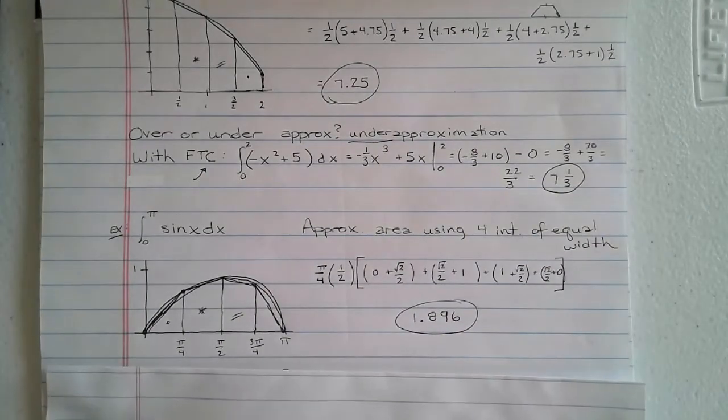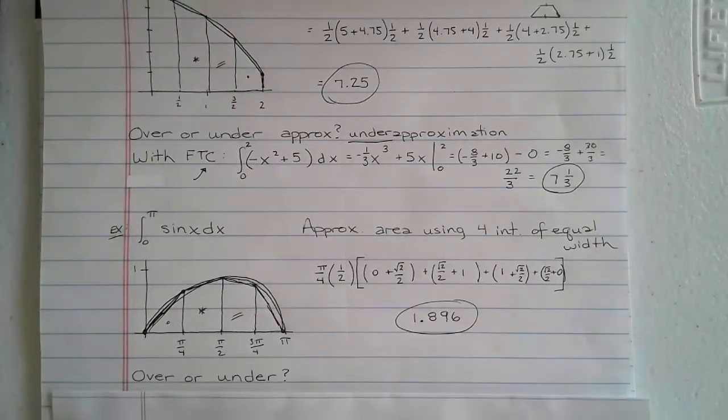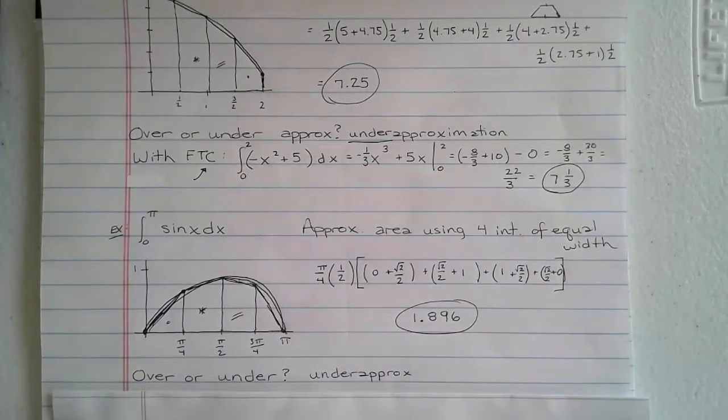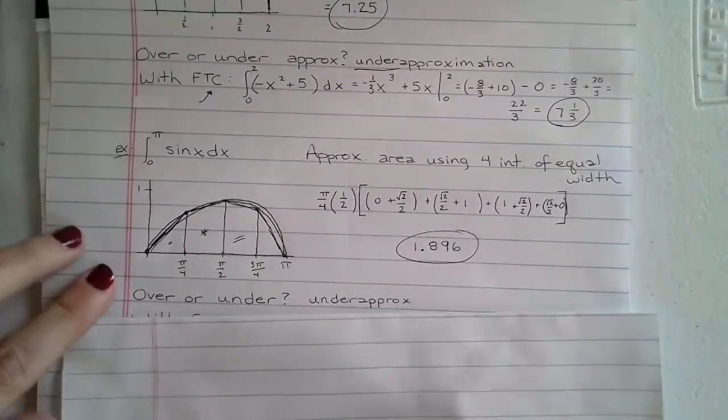And would you guess this to be an over or an under approximation? Okay, once again, this is going to be an under approximation. And you can tell that our trapezoids lie below the curve, and we'll make some judgments about that in class also, but you can always draw it to decide.